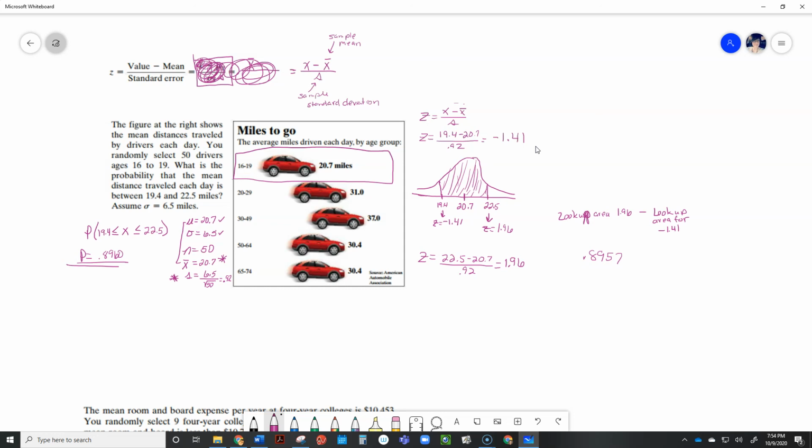I don't care how you know how to do it, but doing it like this at least a couple of times will really make sure you understand, because just because you can use StatCrunch to do this doesn't mean that I'm not going to ask you to tell me the Z value that corresponds to 19.4. I won't necessarily ask you this question for every single problem on the test where you have to do everything.